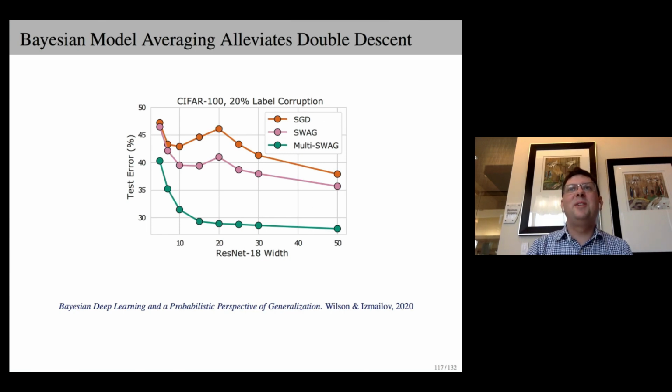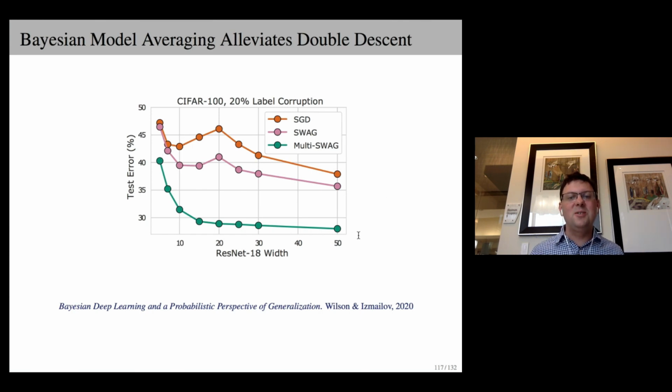So in that airline passenger number example, I was saying that if we have a reasonable prior and we're doing exhaustive marginalization, then we would expect a Bayesian method to improve monotonically with increases in flexibility. We should embrace flexibility, have large support. And indeed, that is what we see if we apply this multi-swag procedure.